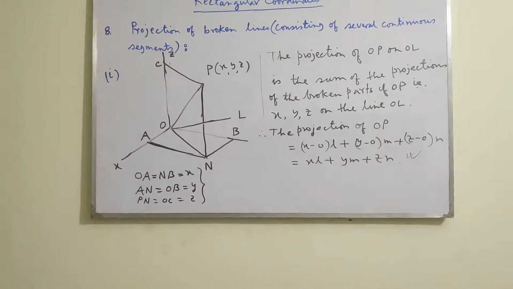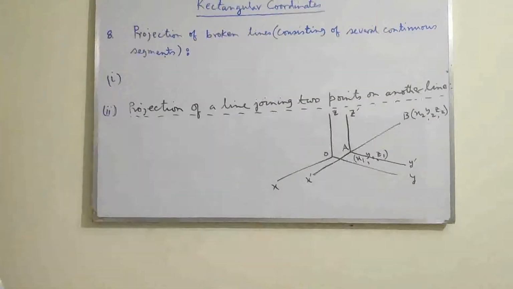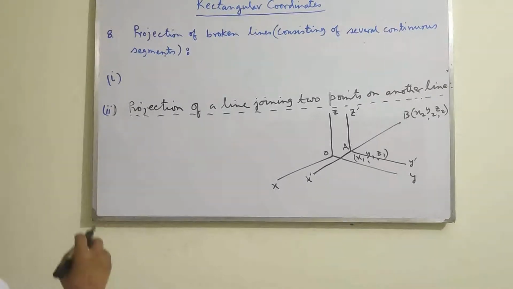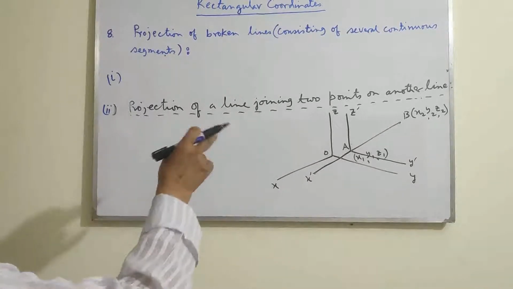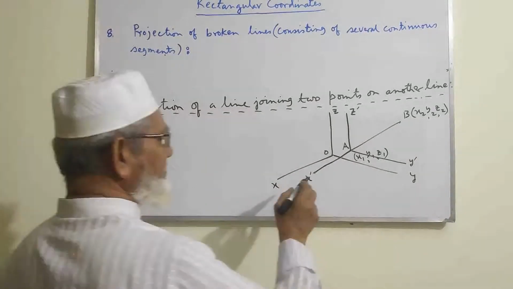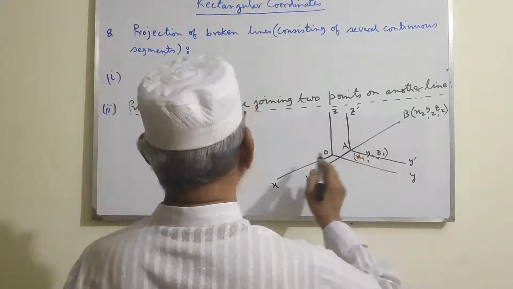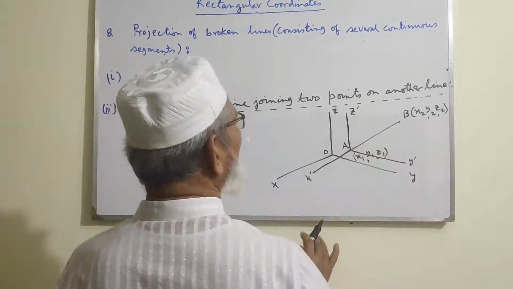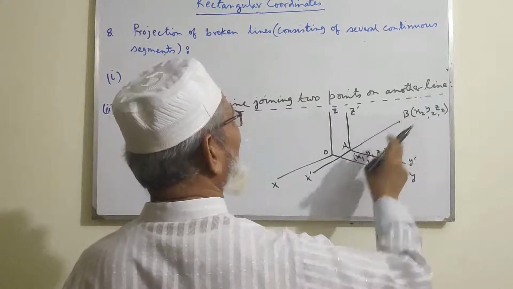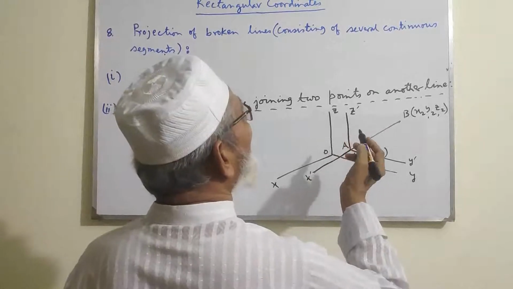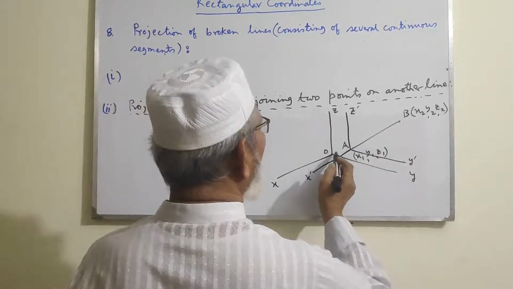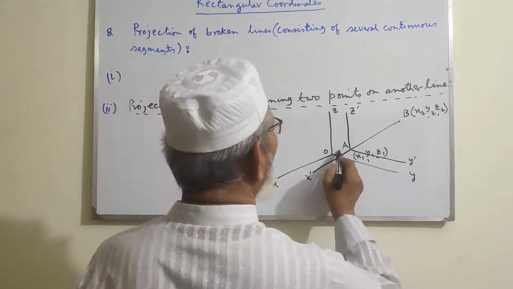And 2 is another sub article বলা যায়, another sub article to projection of a line joining 2 points on another line. Here the line AB is the line joining 2 points x1, y1, z1 and x2, y2, z2. The projection can be taken on another line whose direction cosines are known.